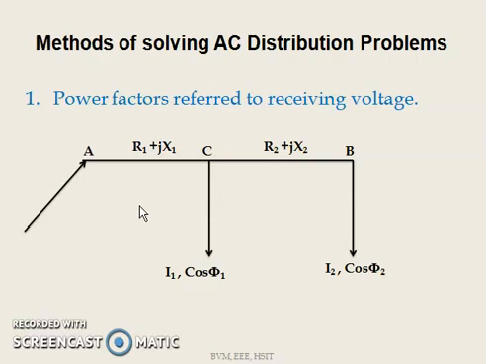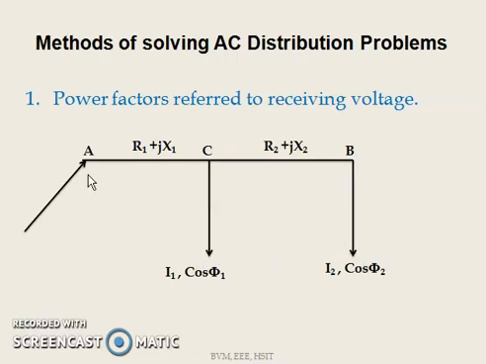So AB is your distributor, and we are supplying electric power at end A. The voltage at end A is VA, the sending end voltage, and the voltage at point B is VB, taken as the receiving end voltage. You have two loads, I1 cos phi 1 and I2 cos phi 2.